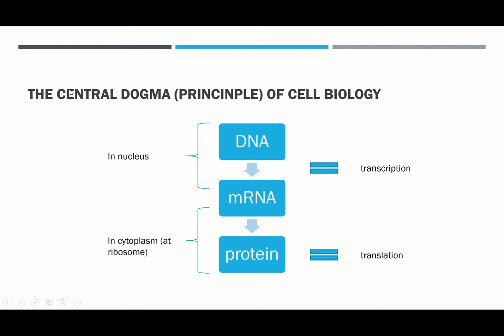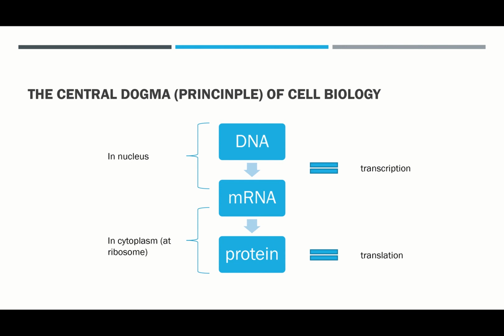So, what we are learning in this unit is the central dogma of cell biology. The word dogma means principle, and the central dogma we'll be learning here is basically two steps. First, transcription, and after transcription is translation. Transcription is the process of turning a DNA strand into an mRNA strand, and that happens in the nucleus.